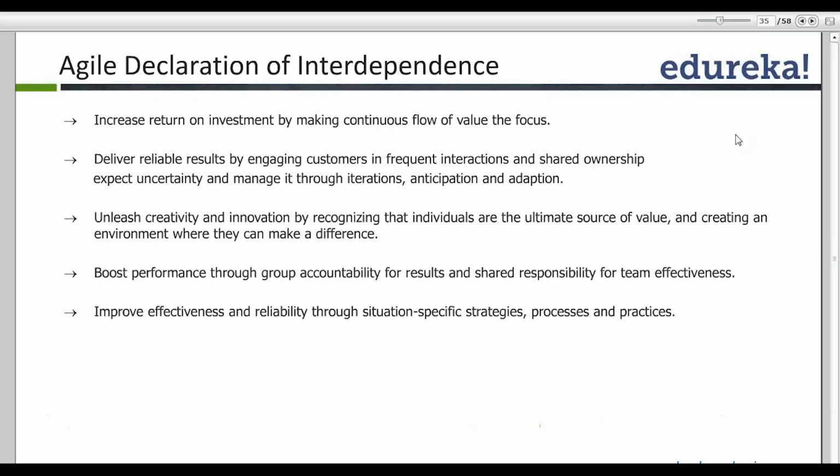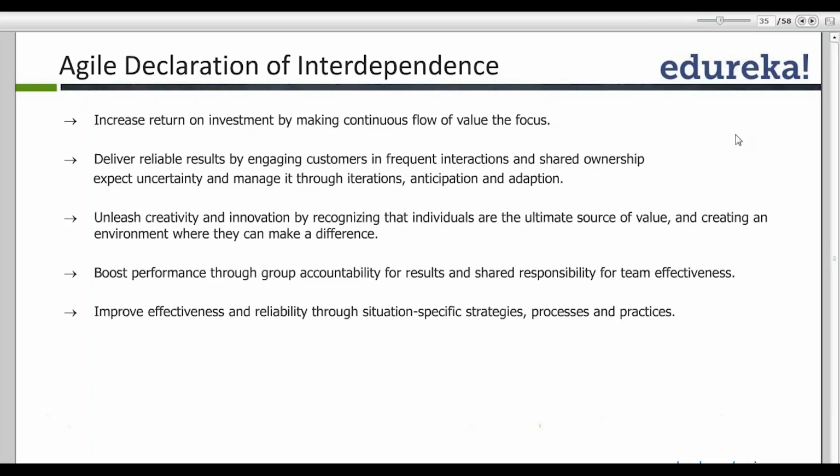The last point is improve effectiveness and reliability through situation-specific strategies, processes and practices. This talks about taking action based on the situation and improving the process. The idea is to come up with a better process. Let's say I am producing software and I find that a lot of defects are coming in.